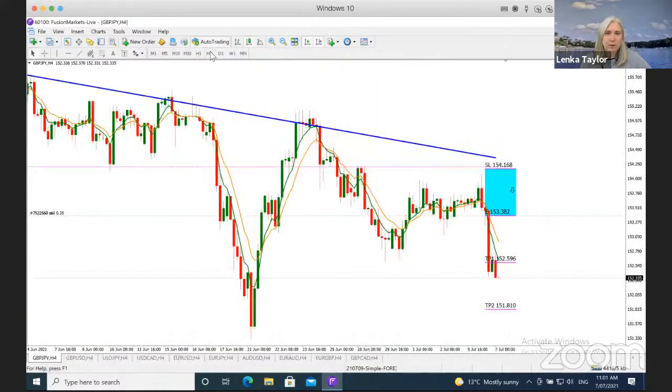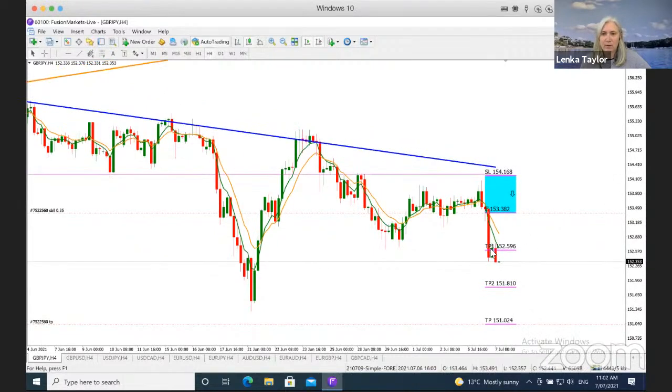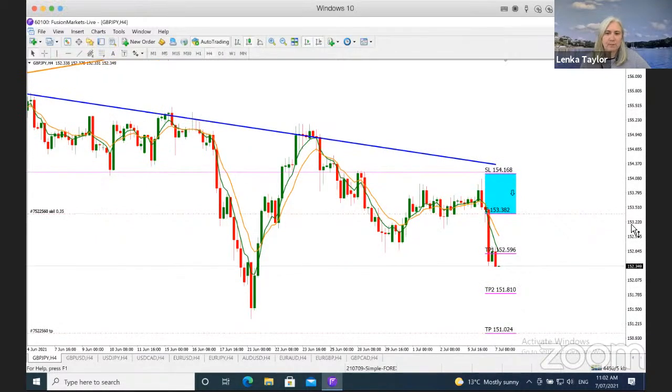In terms of the entry for H4, I entered after this consolidation period, after the engulfing bar. Those are the levels there. If you have entered, then we would have already hit the first profit target and are just holding on in that trade.